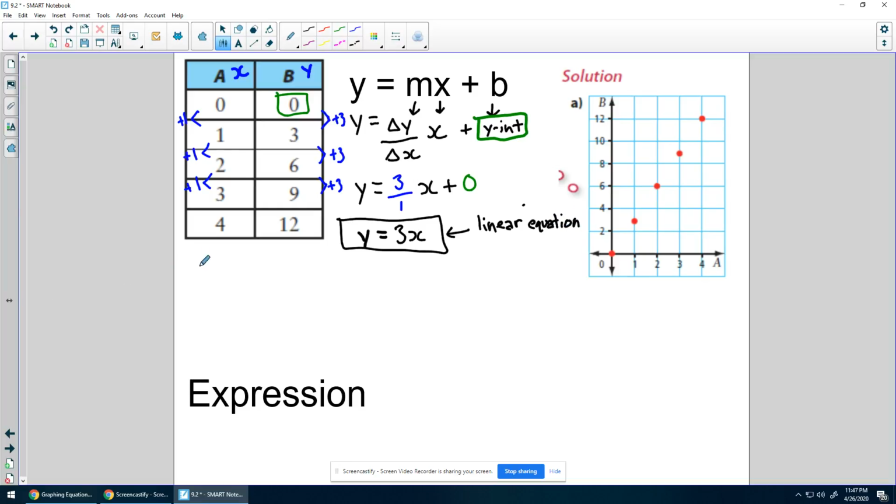Then we're going to do a check. So we're going to substitute in our x and y values using our new linear equation that we just found to see if the left side is equal to the right side.